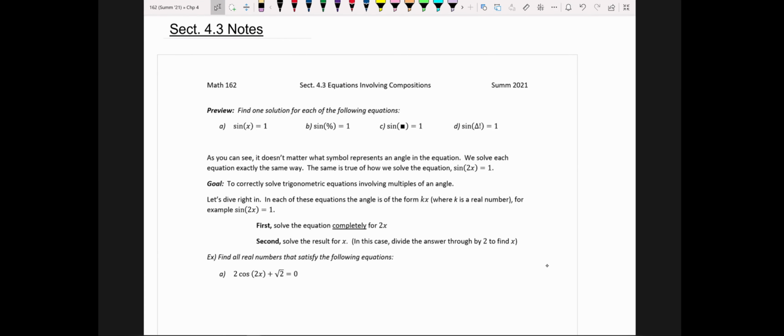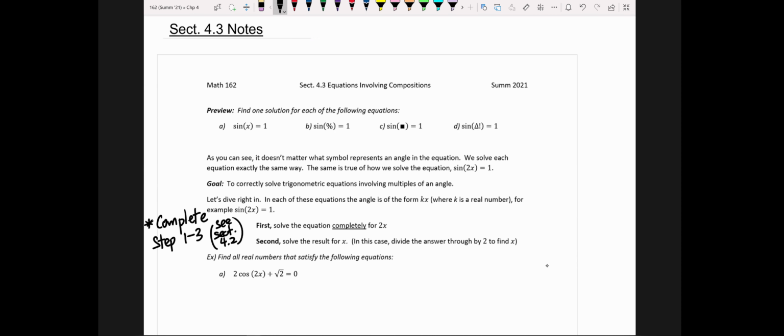Okay, so in section 4.3, we are going to complete the same core 3 steps. That's isolate the trig function, find the solutions in 1 period of the input, and then add period times k to each solution. See section 4.2 for those instructions.